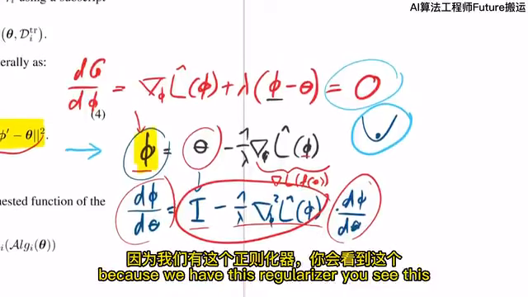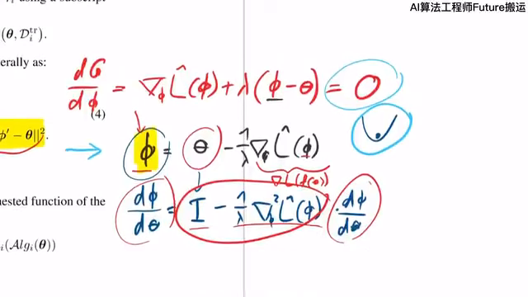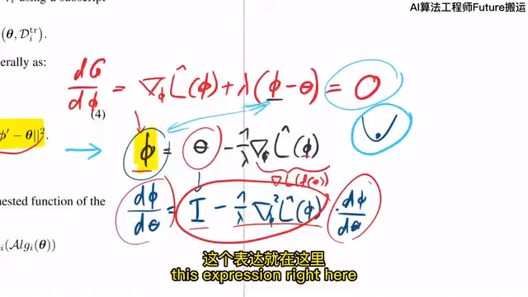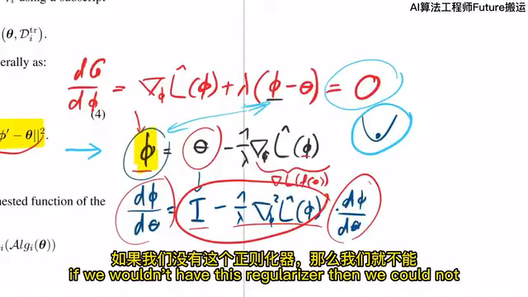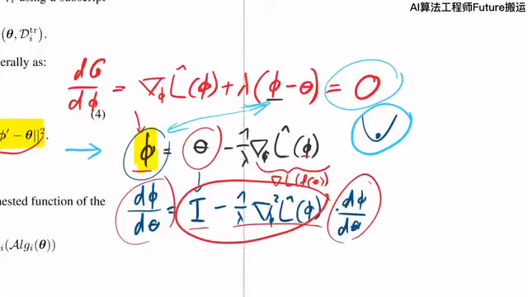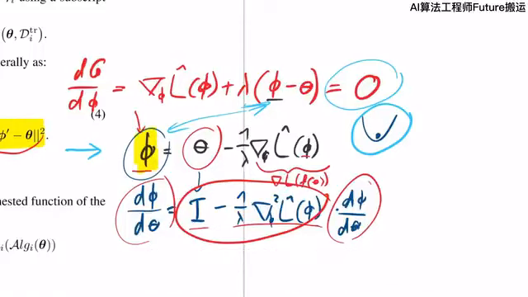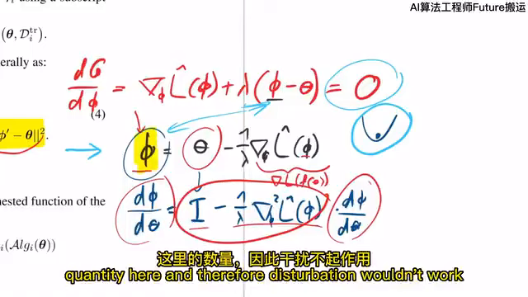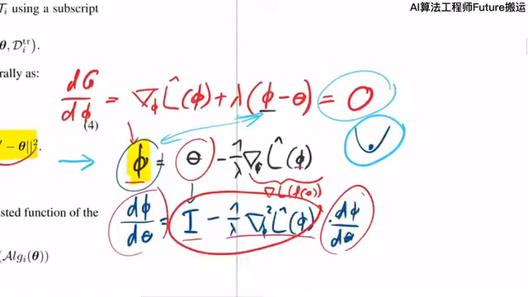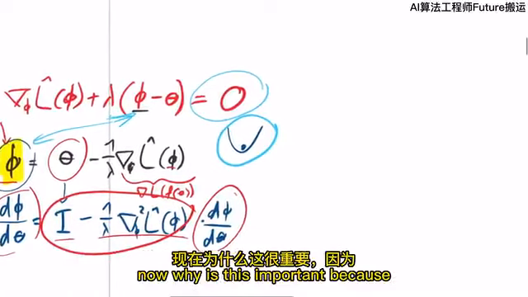Second reason, because we have this regularizer. You see, this directly comes from this expression right here. If we wouldn't have this regularizer, then we could not make this expression. We could not get phi as a standalone quantity here, and therefore this derivation wouldn't work. Now, why is this important?